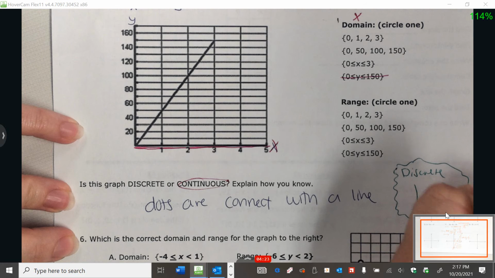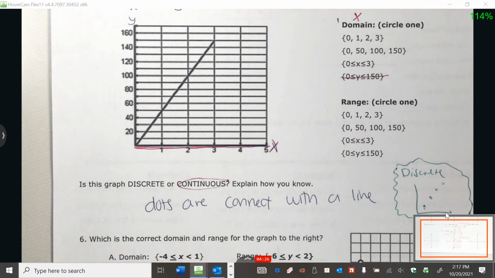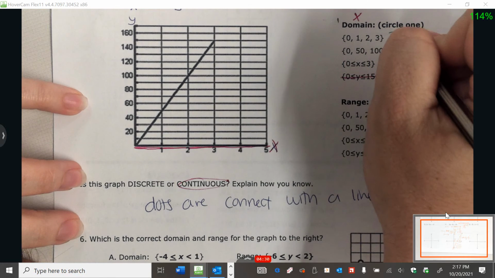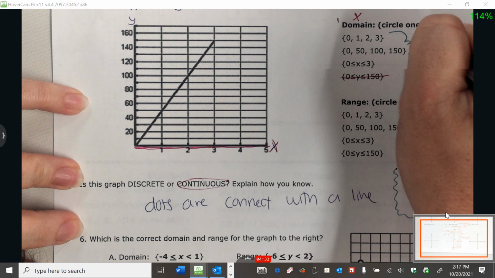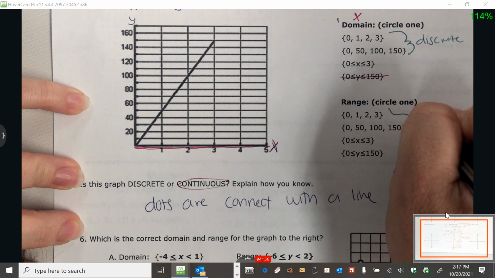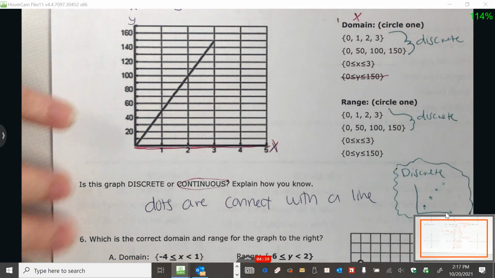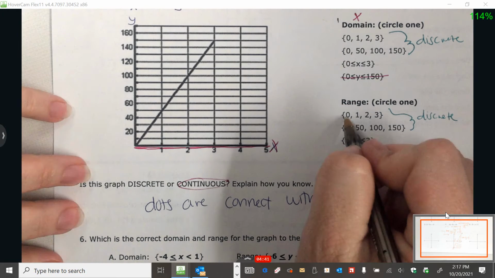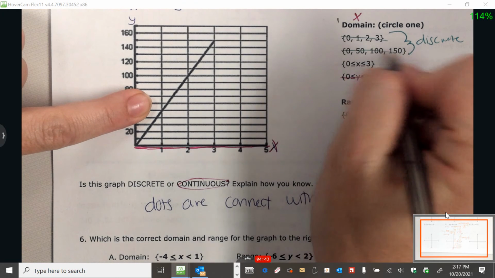No lines, just dots. Okay, nothing's connected. So knowing that, I want you to realize that these are discrete answers. And since those are discrete answers, this is continuous, so they cannot be the answer to this graph.